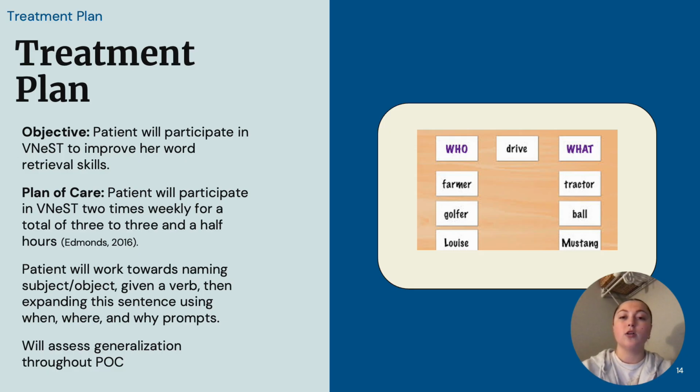The patient will work towards naming the subject and object of a given verb, and then expanding this sentence using where, when, and why prompts. I will also plan to assess generalization of untrained verbs throughout this plan of care by implementing structured and unstructured connected speech tasks through conversation.